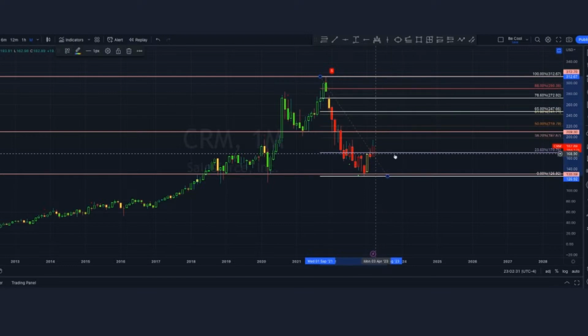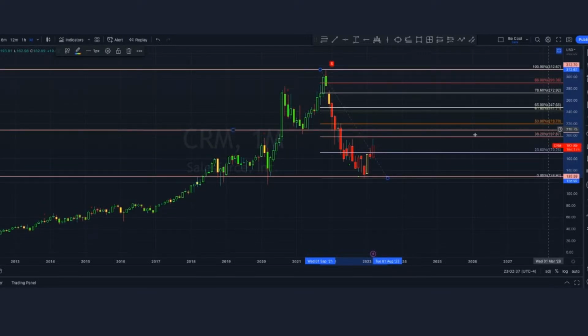Okay, cool. So currently we are making a 38% retracement. So we're probably gonna see some levels of turbulence here at this little resistance level here and here, right? So you just kind of want to pay attention to that and keep your eyes open.